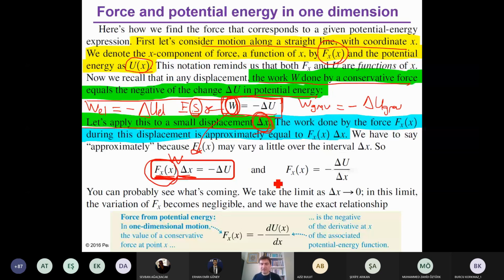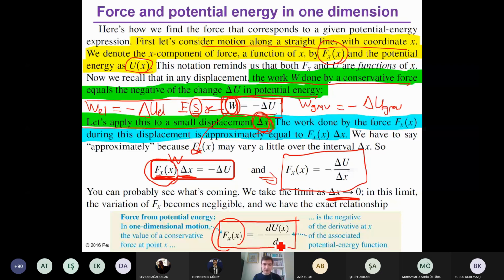Force is given with negative of change in the potential energy over the change in the position or displacement. If we take the limit as delta x goes to 0, then I can write this expression like this. So here we have a force, and the force is given with the negative of the derivative of the potential energy, minus dU over dx.